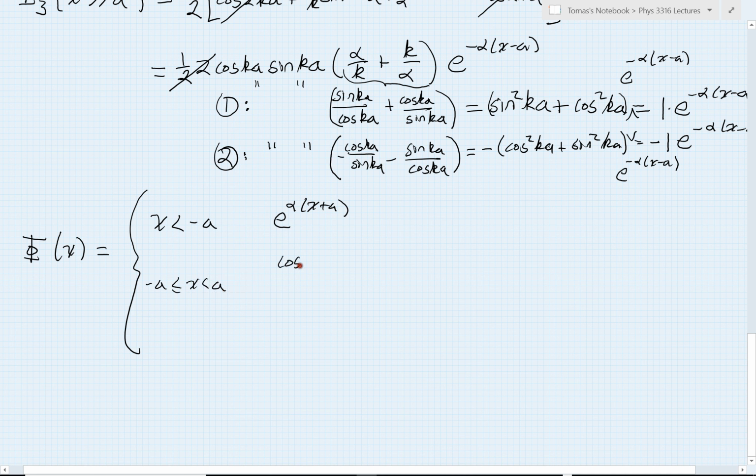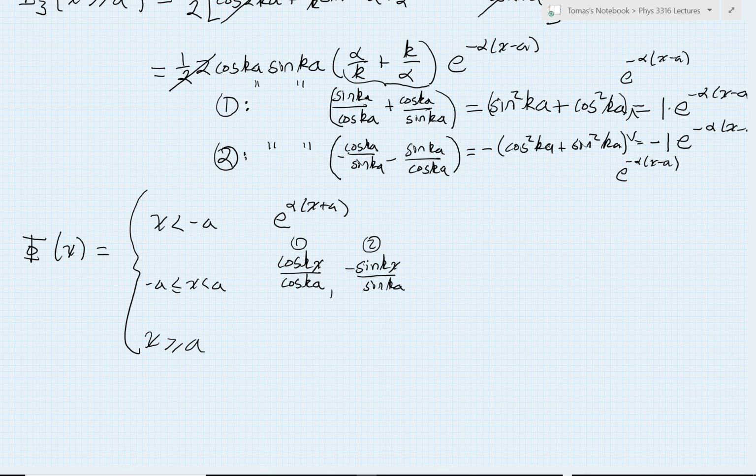I either have cosine kx over cosine of ka for the type 1, and for type 2 I have minus sine of kx divided by the sine of ka. And then finally for the region 3, x greater than or equal to a, I have a very simple result.